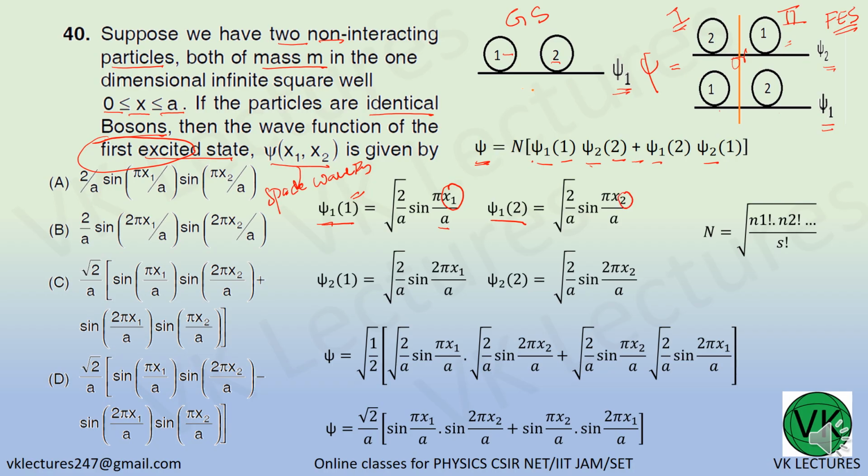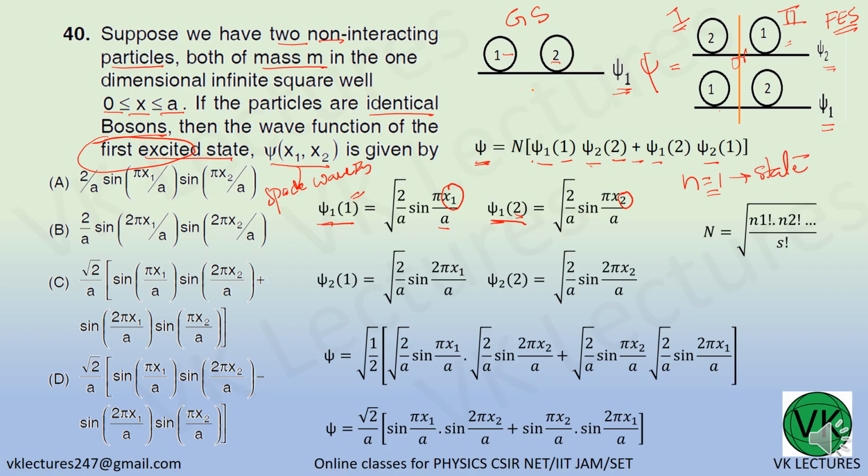This 2 indicates the position of particle 2. Then what is psi 1? Psi 1 just implies that n equals 1. What does n equal to 1 mean? State.